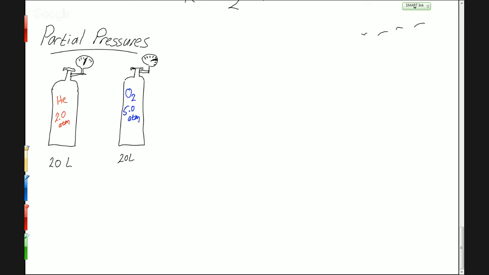If we put all that gas together in one same size tank, we can simply add the pressures up.